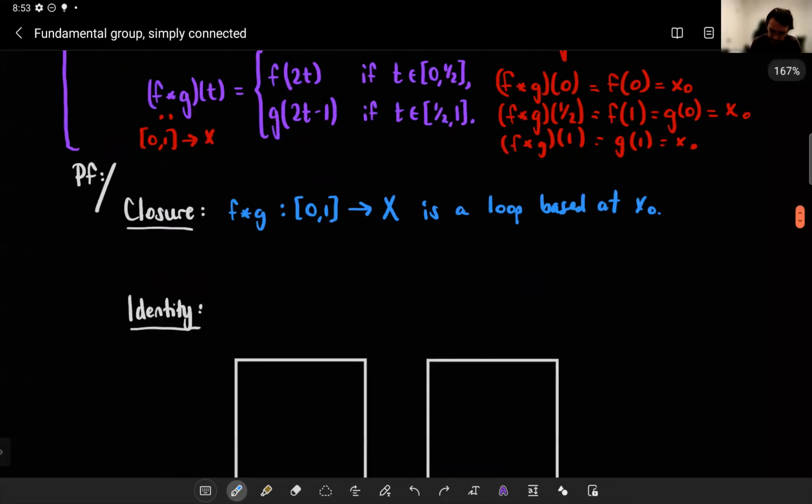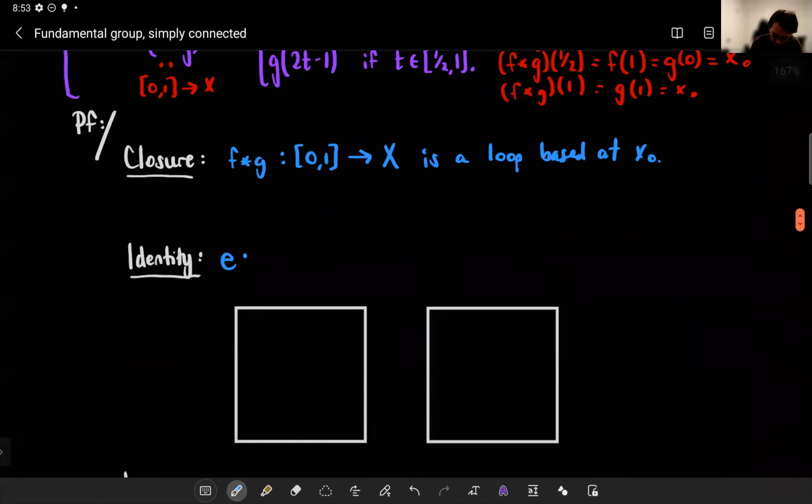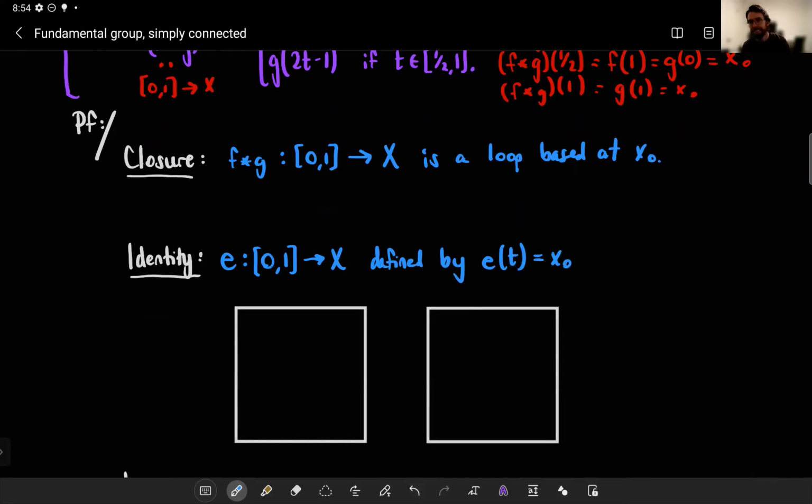Well, let's call it E. Sometimes we use that in group theory. To be an identity element, it'll have to be a loop based at x0 at the very least. And its definition is going to be real simple. No matter what time t I plug in, I spit out x0.